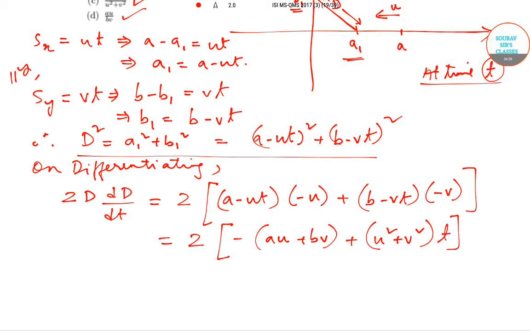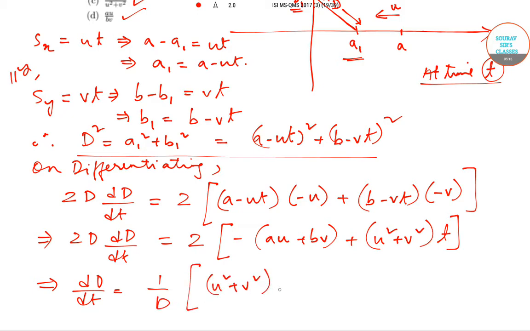This is equal to 2d into dd by dt. Upon cancellation, dd by dt will be equal to 1 by d into u square plus v square into t minus au plus bv.